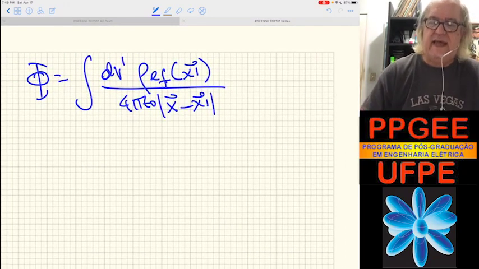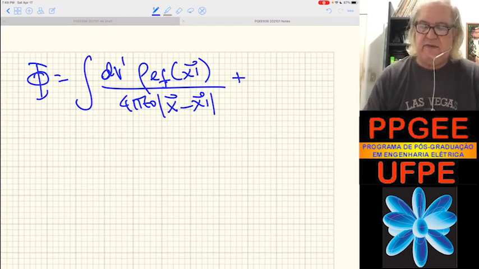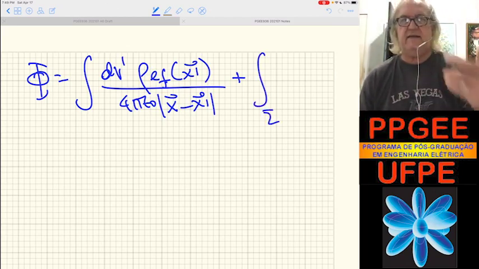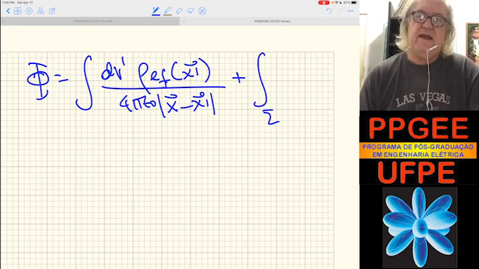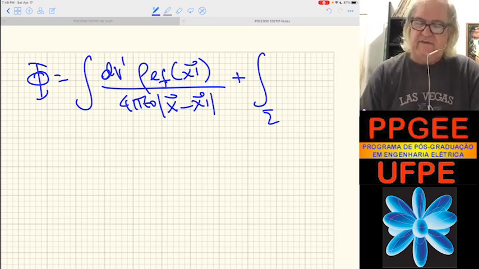Well, I also had plus something on the surface if I want to. I can have a surface integral that includes the surface charge density due to bound charges, polarization charges, or even free charges. We have to have free charges on the surface. We'd have a volume and a surface contribution, right?